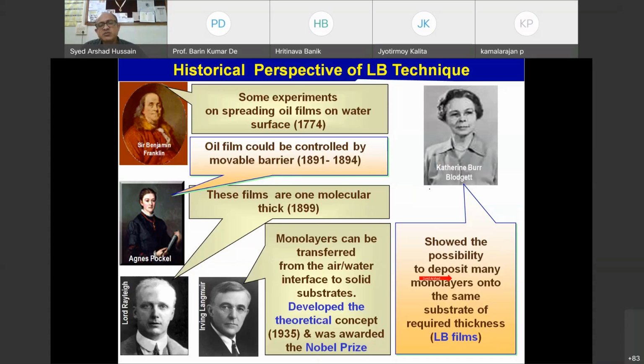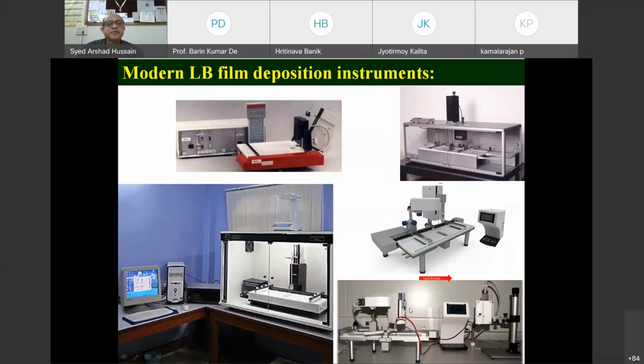And for this work, he was awarded the Nobel Prize in 1935. Then his student, Katharine Blodgett, demonstrated that one can systematically deposit this layer to have mono to multi-layers, that means the desired thickness on a solid substrate. And from the names of these two scientists, the name Langmuir-Blodgett was given as a whole for the technique.